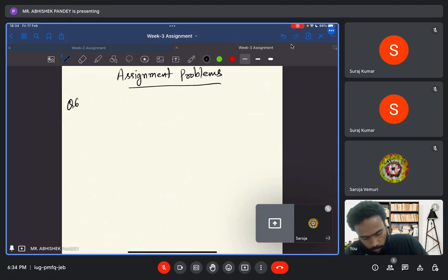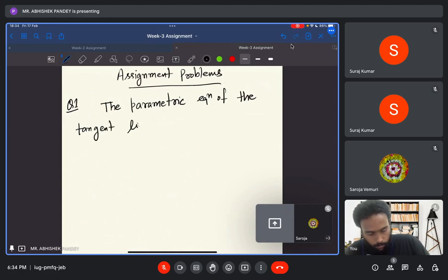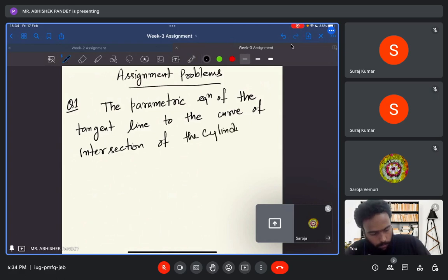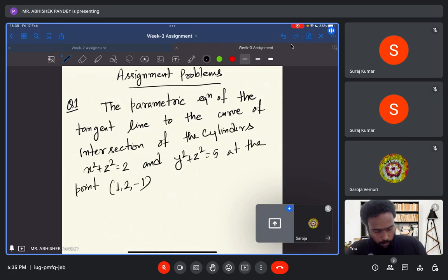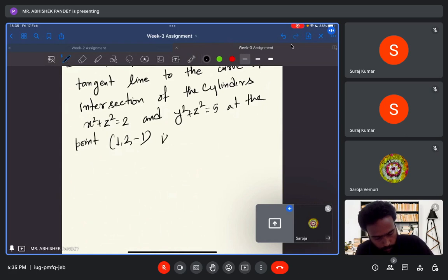The first question is, so question number 6. The parametric equation of the tangent line to the curve of intersection of the cylinders, one is x square plus z square equals 2 and y square plus z square equals 5 at the point (1, 2, minus 1), is question mark.